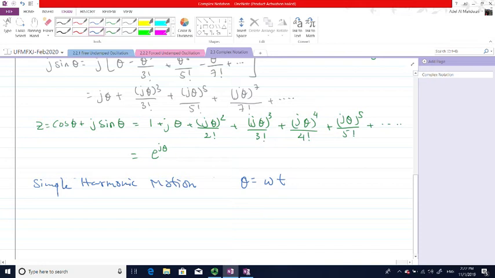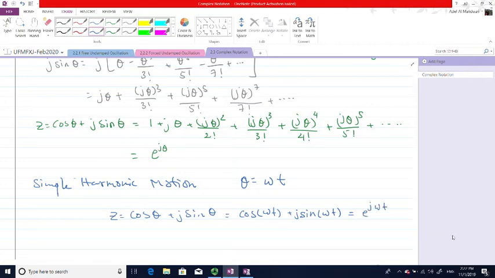Therefore we can simplify the equation again. Cosine theta plus j sine theta is going to be equal to cosine, we substitute theta as omega t, plus j sine omega t, and that will be in exponent function as e to the power j, not theta but omega t.